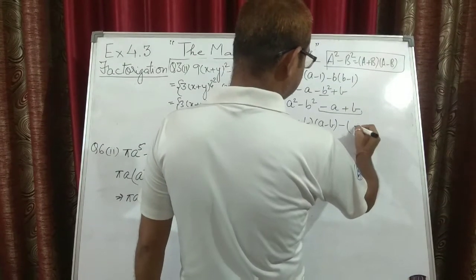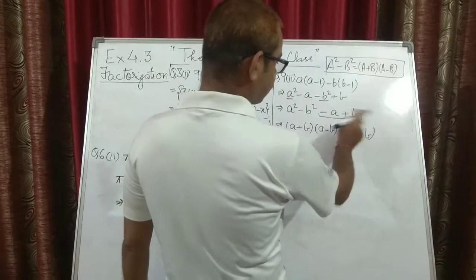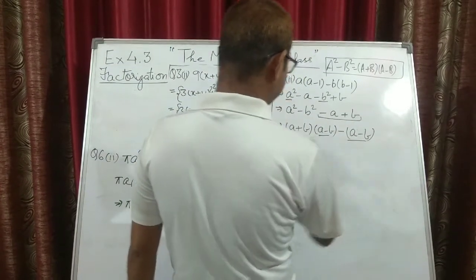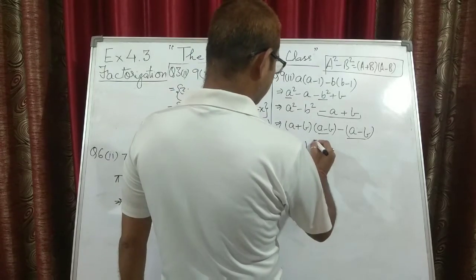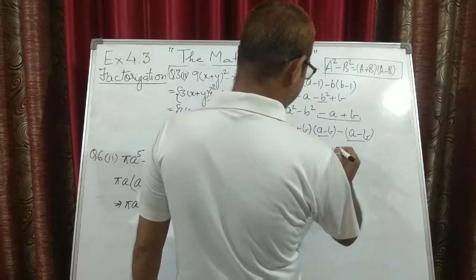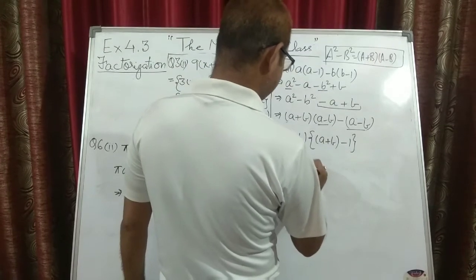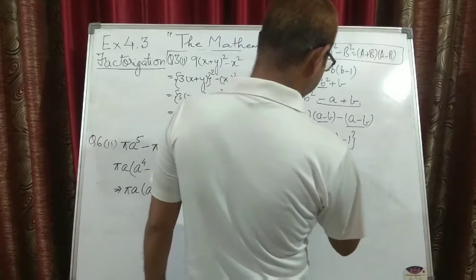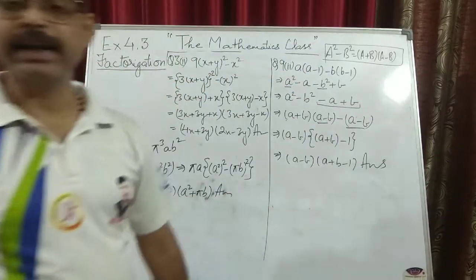So what is left? A minus b. This will become positive, this will become negative. Now a minus b and a minus b can be considered as common. So a minus b is common. So what is left now? A plus b minus 1. Our final value is a minus b, a plus b minus 1. That is the final value.